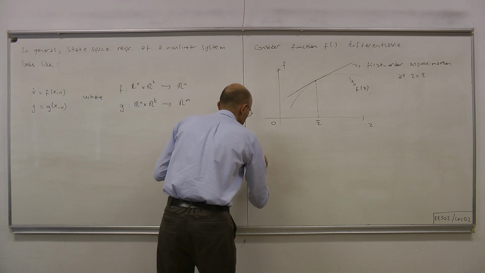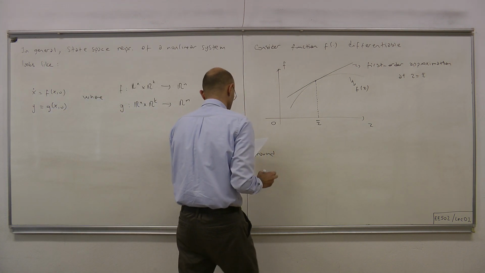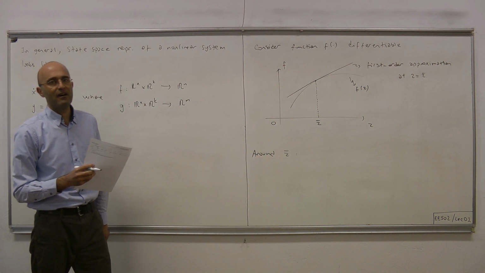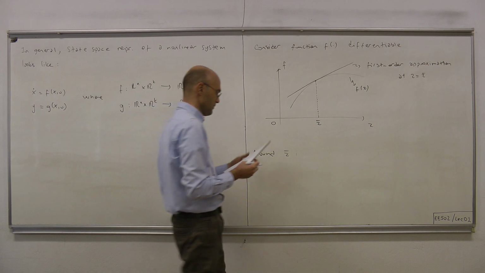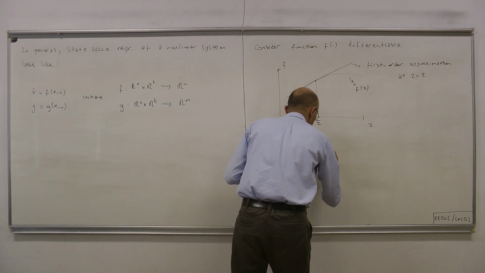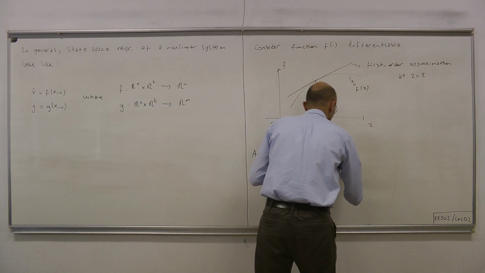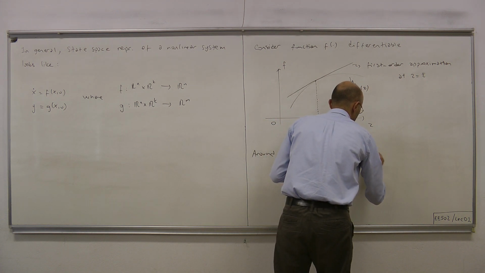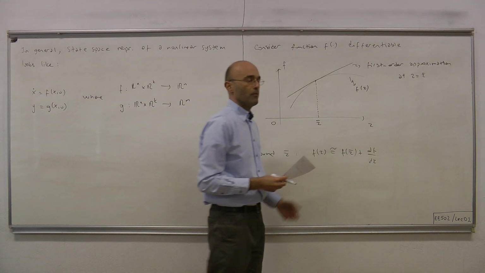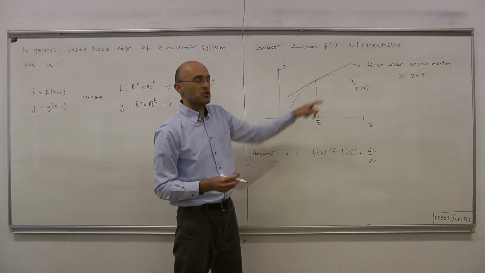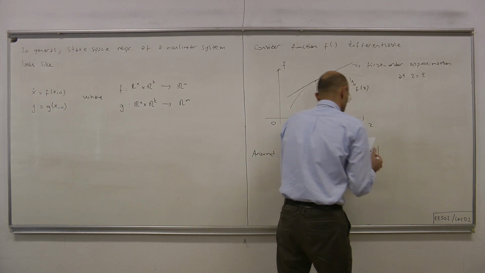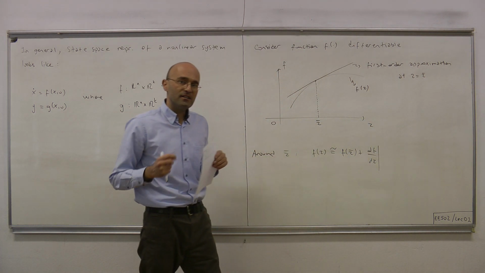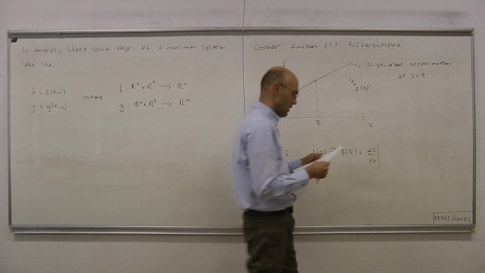Now, around that particular point, we can express that line very easily. What we have is f of z bar, plus df over dz, the slope of this line, that is df over dz, the derivative of f evaluated at z equals z bar.